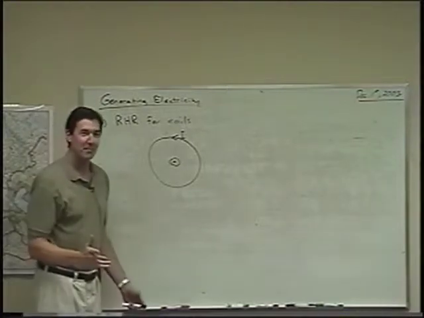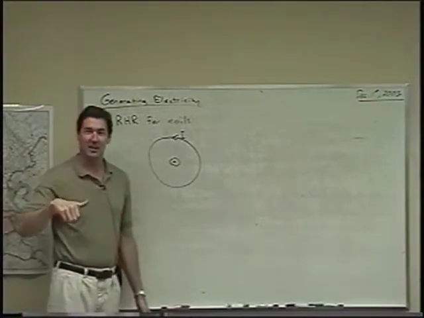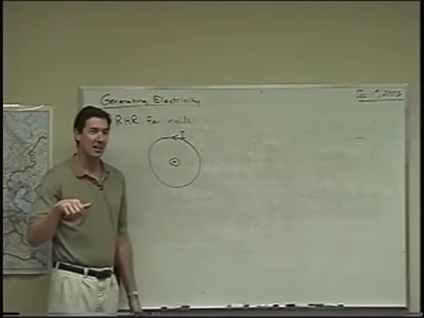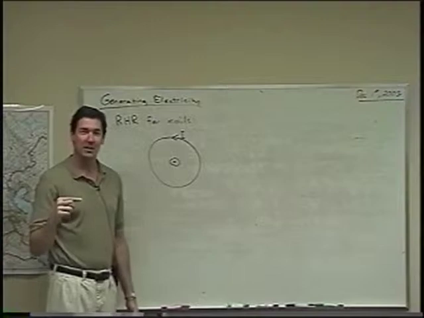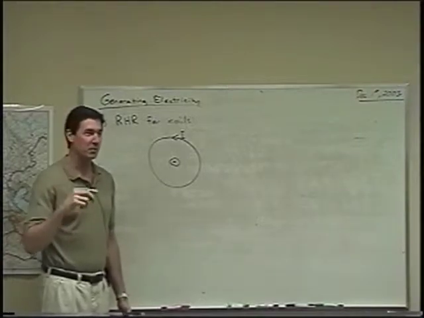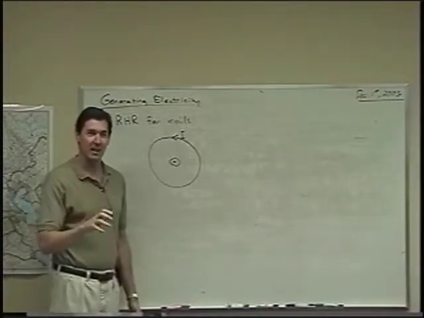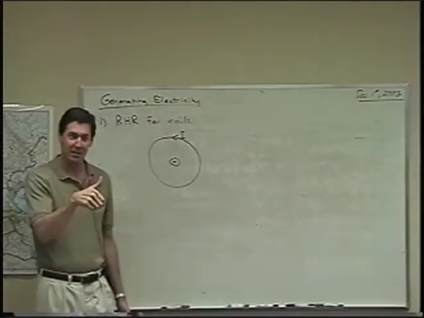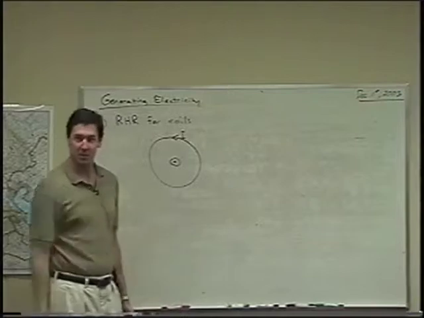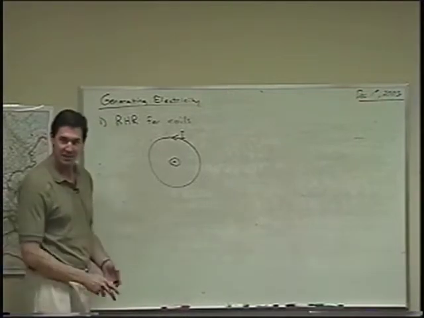So that's the way I figure out the direction of the magnetic field that will be produced by a coil of wire. I just wrap my fingers in the direction of the current through the coil, and then your thumb always points in the direction of the magnetic field.